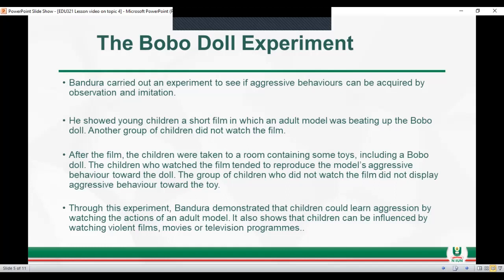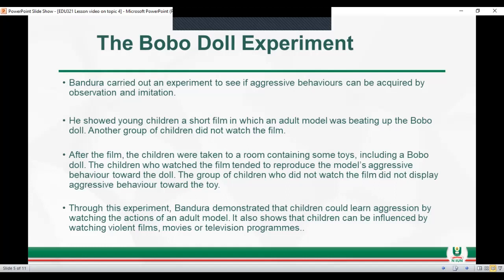Bandura noticed that the children who watched that short film were now boxing the Bobo doll the same way as seen in the adult model beating up the doll. And he also found out that the group of children who did not watch the film did not display any aggressive behavior towards the toy.